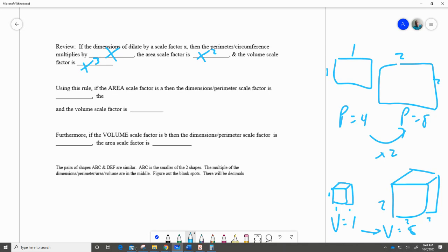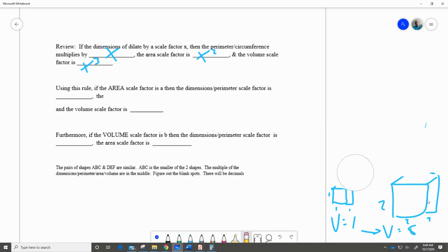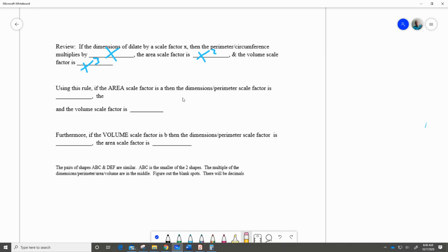Now these next 2 rules are basically the same rule as this, but it's sort of mirrored in a way to where we can adjust it depending on what we're given. If the area scale factor is A, so let's say one shape is dilated to another and the area multiplies by A, we know that the dimensions are going to multiply by the square root of A. So the scale factor of dilation would be the root of A if the area multiplies by A. Again, it's just the rule in reverse.